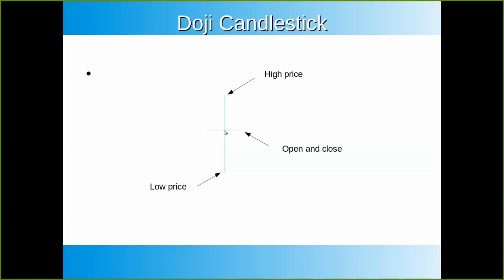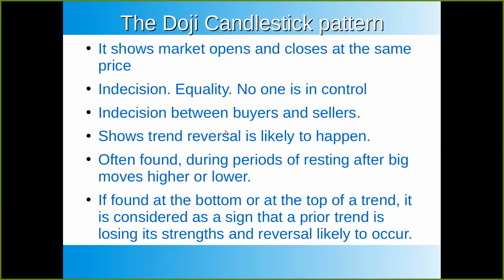If it moves from where it has the open and closes up here, that means the bulls were in charge. If it moves from the opening and closes down here, that means the bears were in charge. But here, despite what happened in the course of that trading session, it returned to where it started, meaning that nobody is in control of the market.